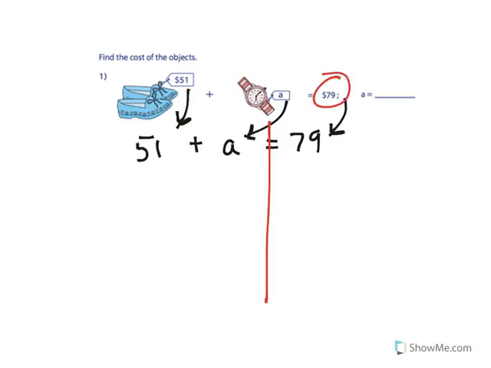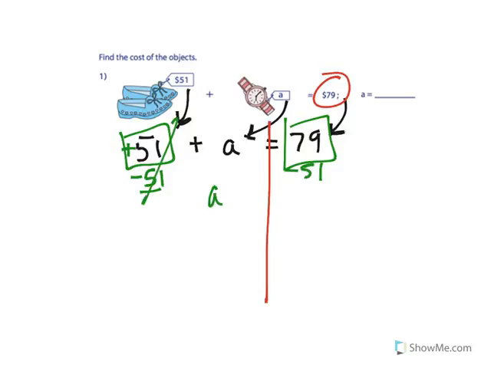That's your total at the store. So I need to move the numbers to be with the numbers. I have a positive 51 here, so I need to do the inverse and subtract 51. What I do to one side, I have to do to the other. This cancels. I get A equals 79 minus 51, which is going to give me 28. So we say that the price of the watch is $28.